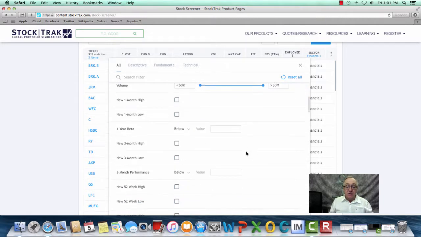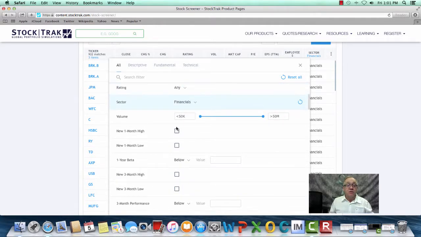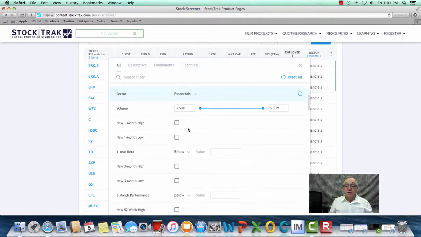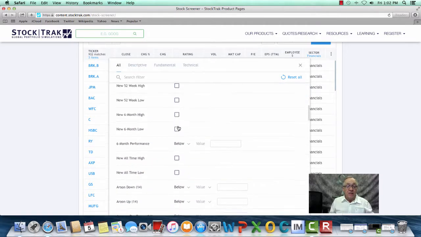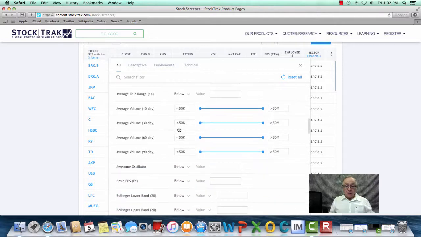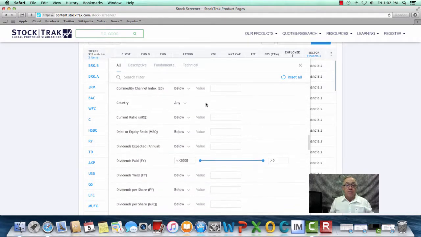So from that sector, where we've chosen financials, we don't much care about volume, but we could look at other things then, earnings per share, etc. Country, any. Okay, this is not quite as advanced or user-friendly as other screens, and there are many other screens, including Investopedia.